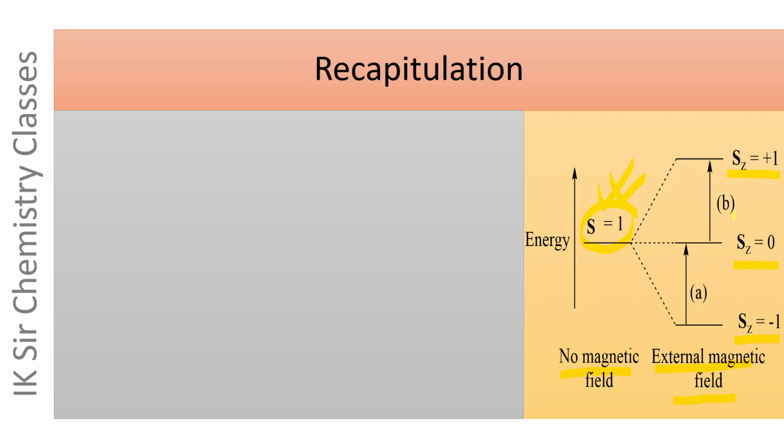According to the selection rule, delta Sz equals ±1, two transitions, A and B, are possible among these three energy states.